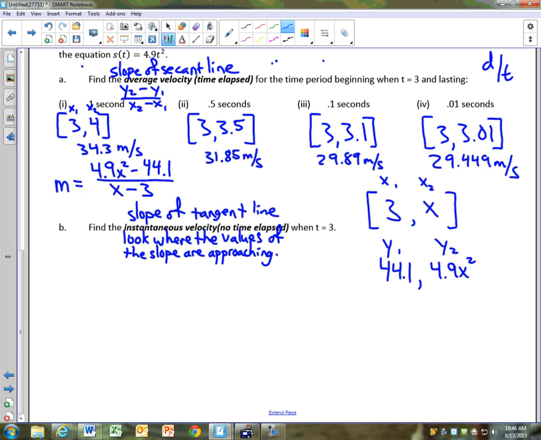So again, look at my x values: from 4 to 3.5 to 3.1 to 3.01. So I'm approaching the number 3.